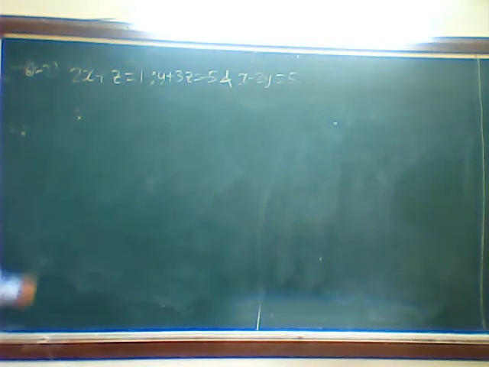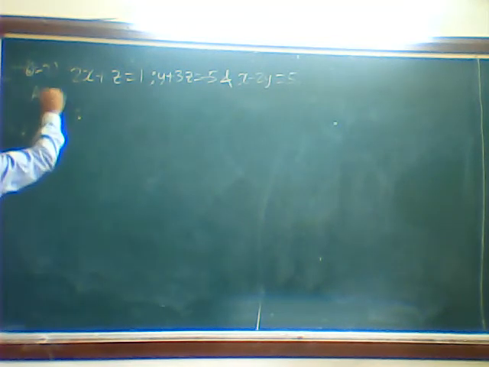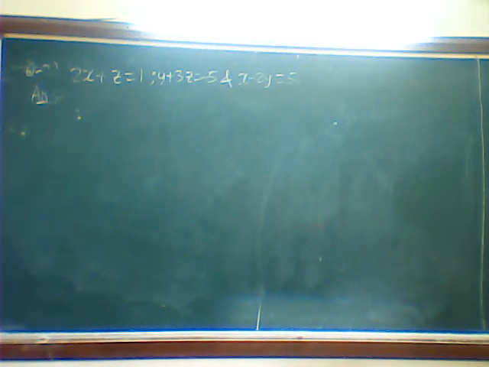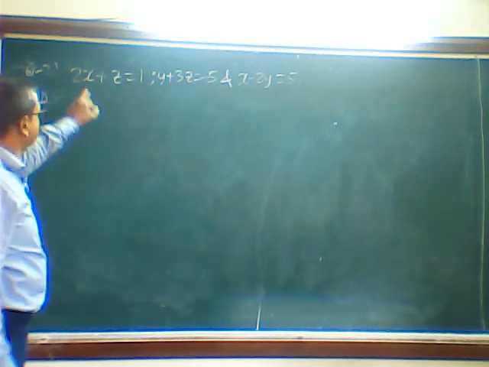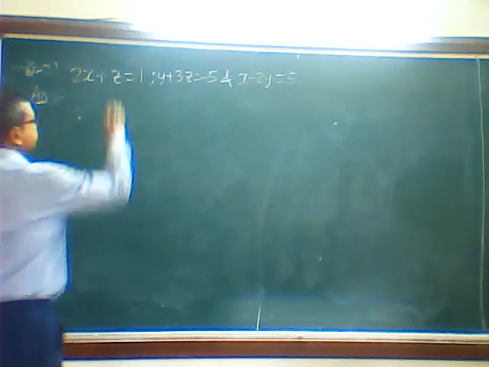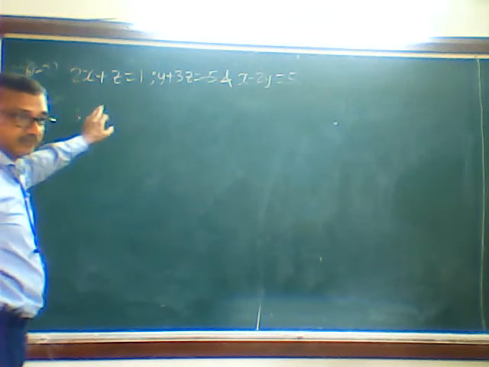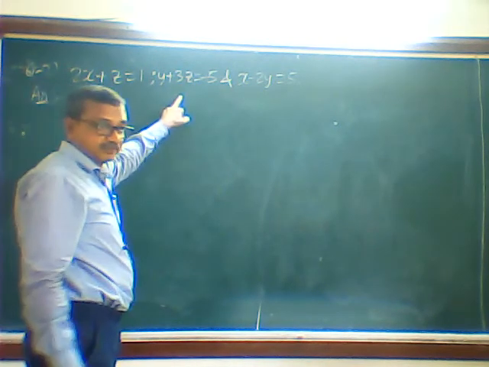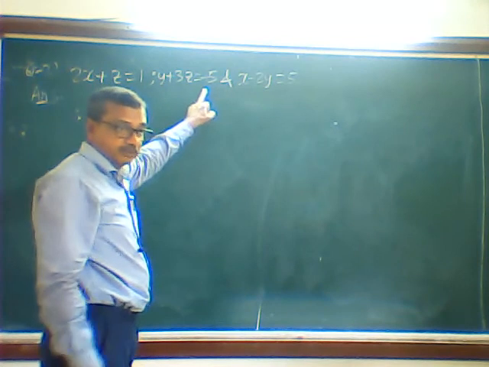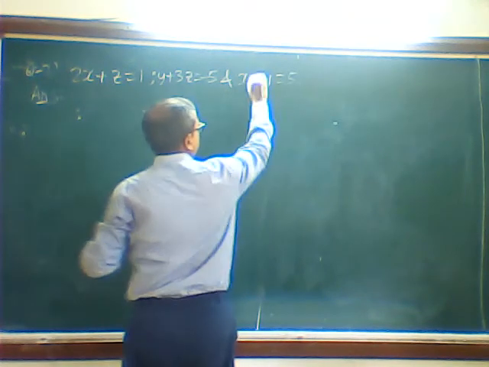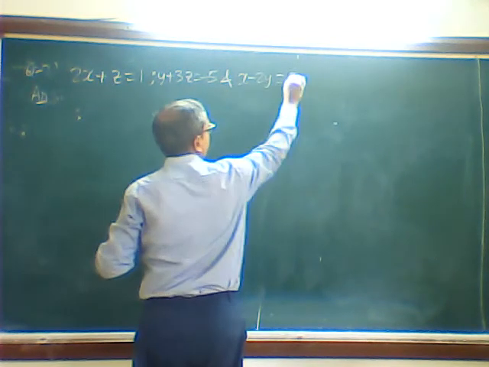I hope it is visible. 2x plus z is equal to 1. Y plus 3z is equal to minus 5. And x minus 2y is equal to 5.